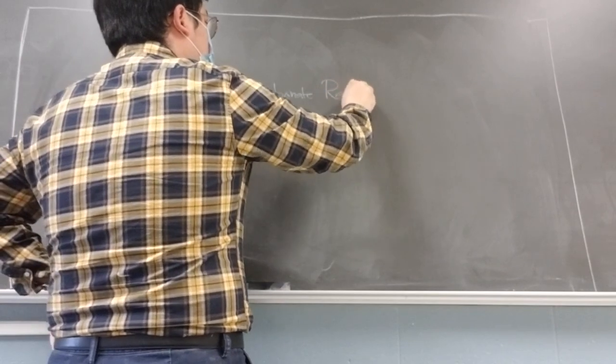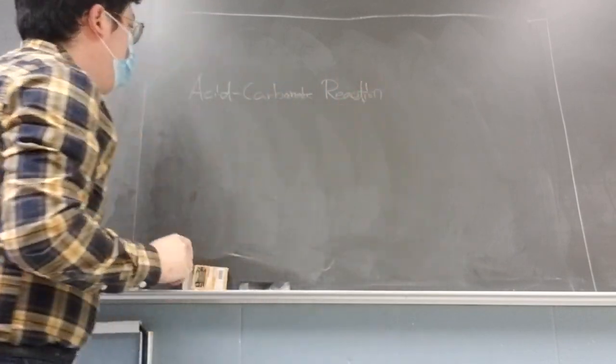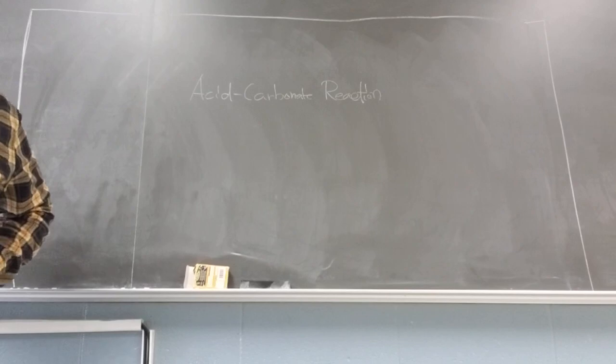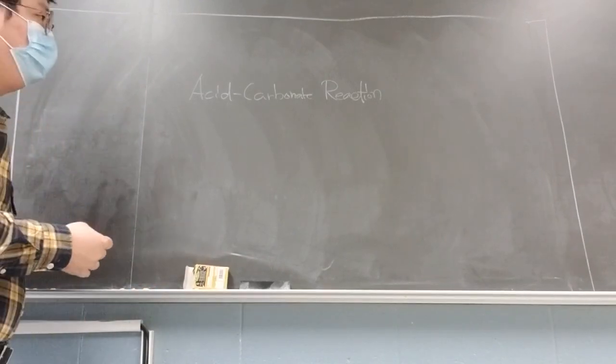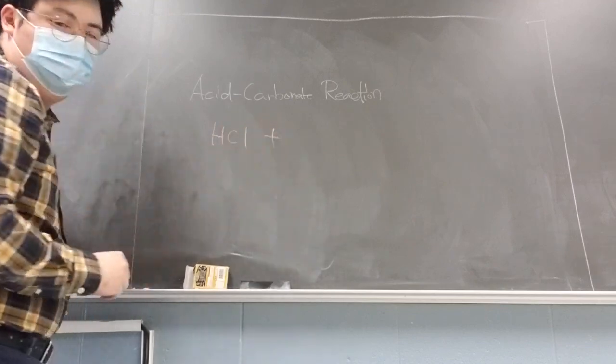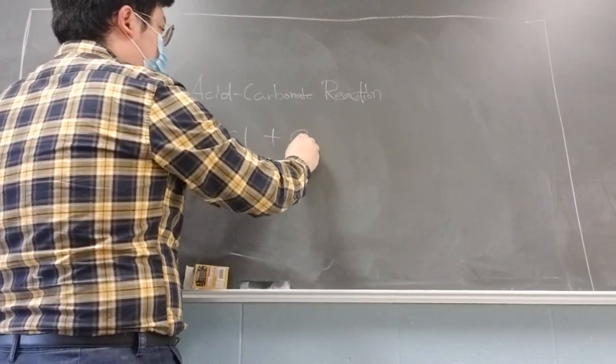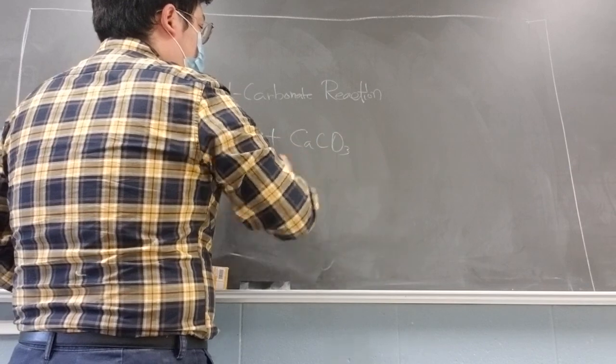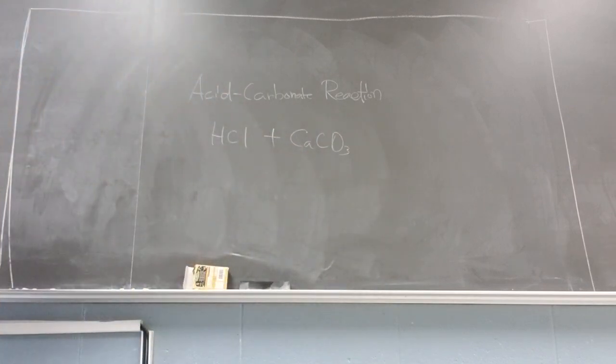That simply means any compound that donates the hydrogen cation. So for example, you can try HCl, and it comes with the calcium carbonate over here, okay, so which is there.